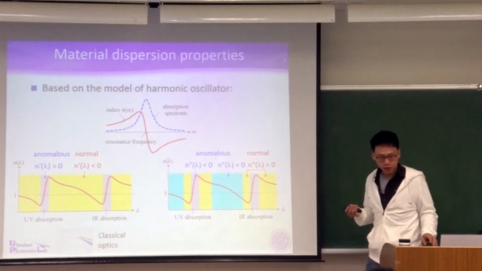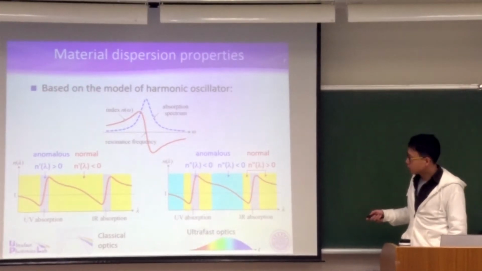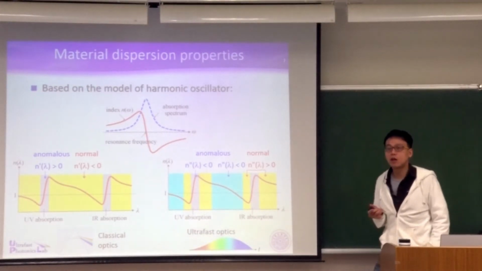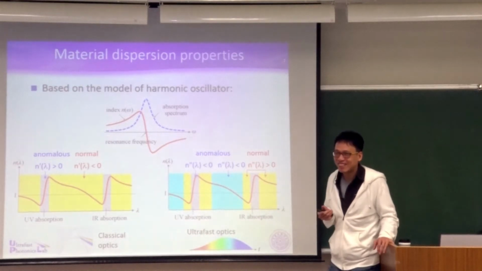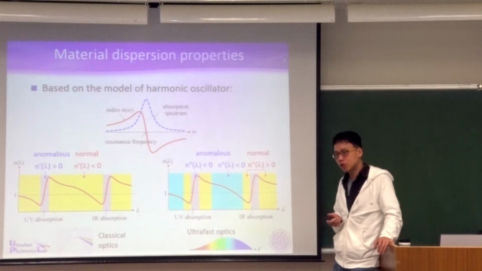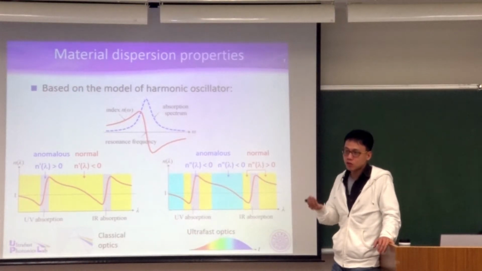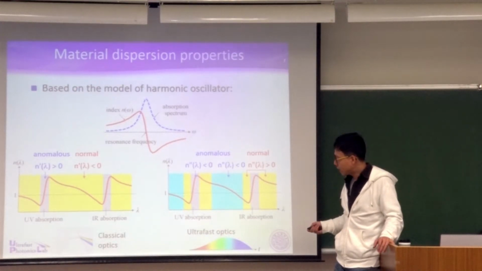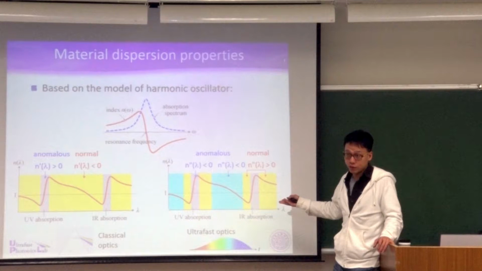And this definition is used in the community of ultrafast optics. The reason is it is the second order derivative instead of the first order derivative that defines the sign of chirp, up chirp or down chirp. It depends on the second order derivative, just as what we just derived, right?